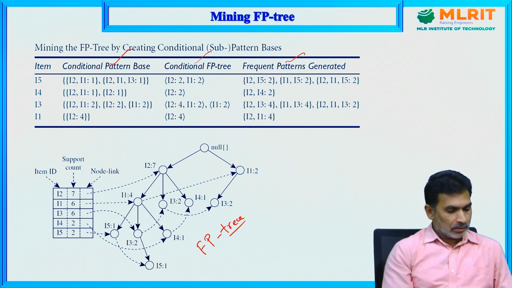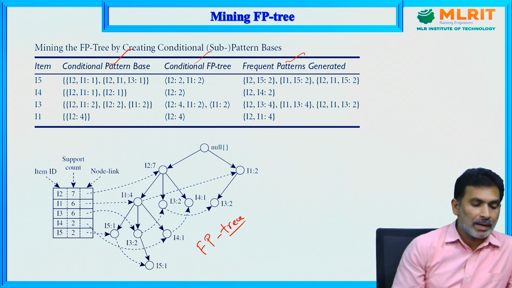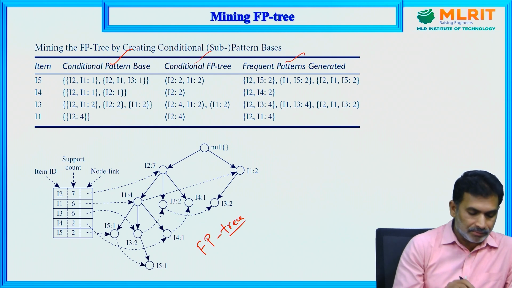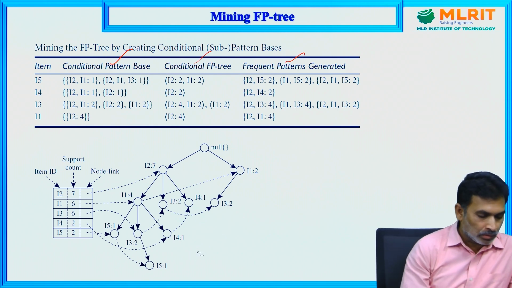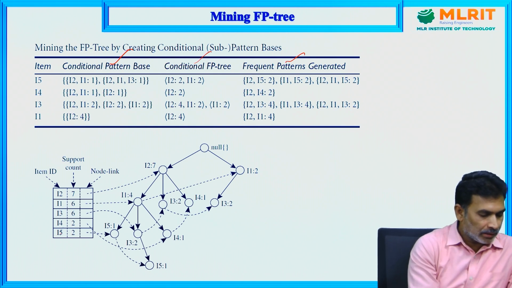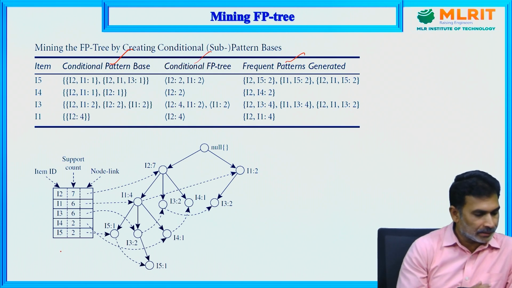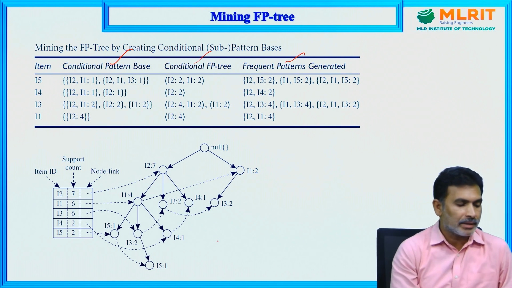There are items like I1, I2, I3, I4, etc. Let us select any item. Suppose we take I1, so we have to find the conditional pattern base.